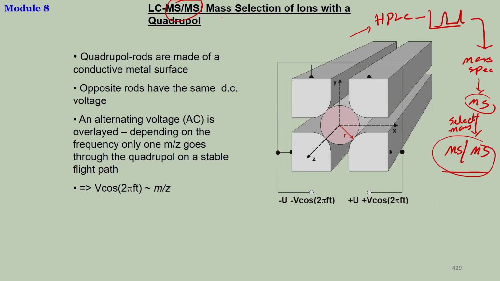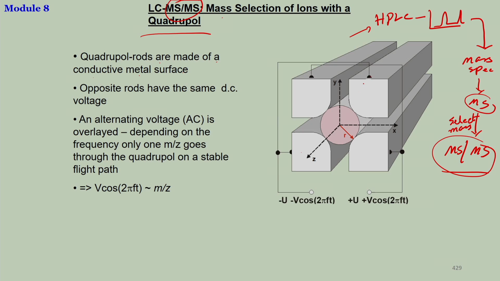This technique is based on a quadrupole. I will talk in a very simple sense. A quadrupole basically has 4 rods made of conductive metal surface. Opposite rods have the same DC voltage.